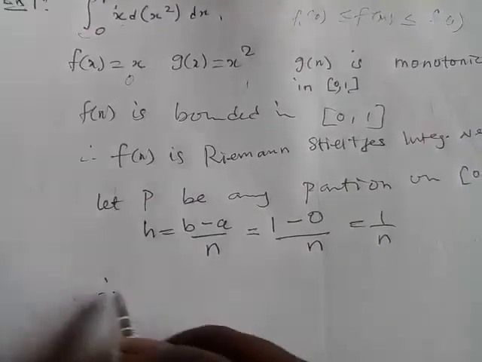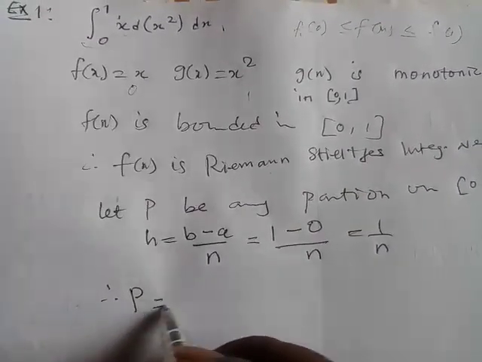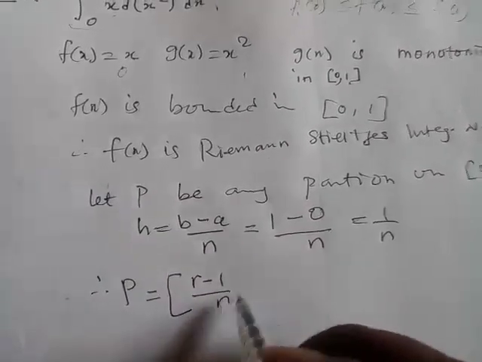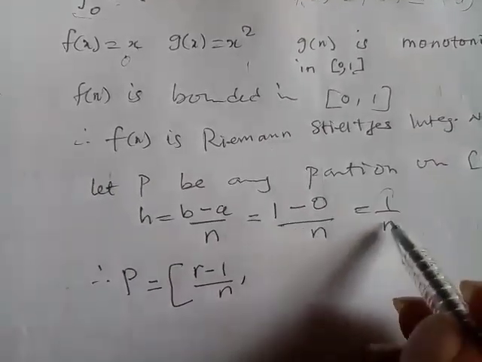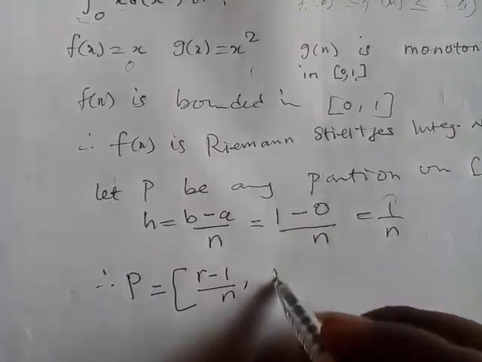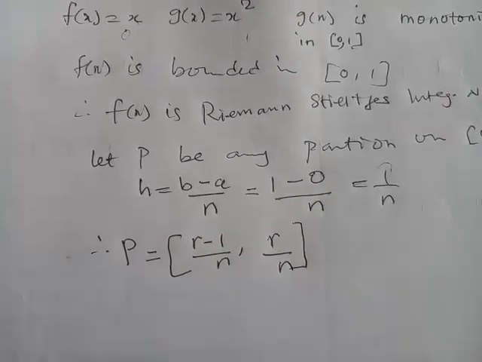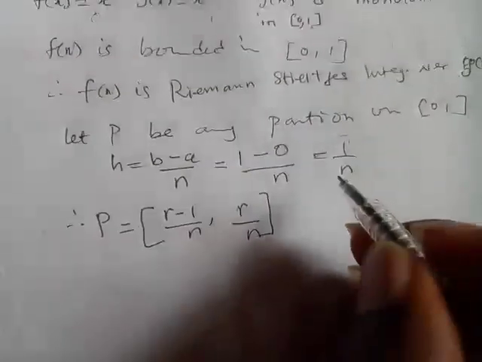So we can now write our partition in this format. As usual, you can say r minus 1 over n, that is (r minus 1) times 1 over n, to r over n times 1 over n, where r is 1 to n. So this is a partition.